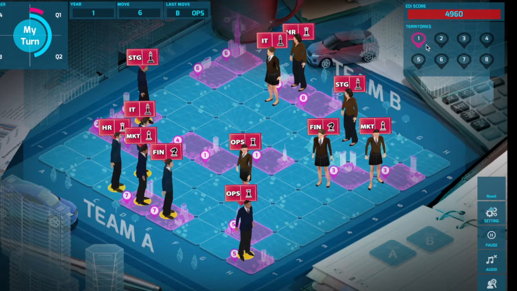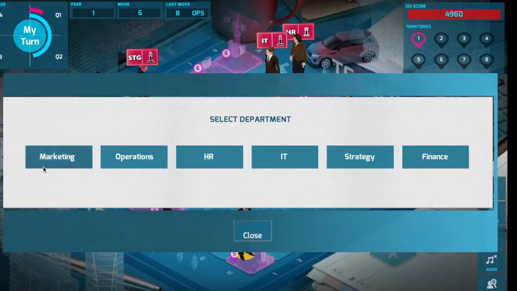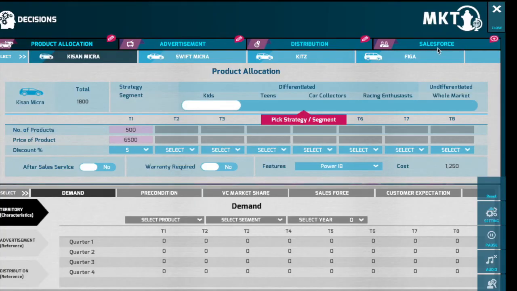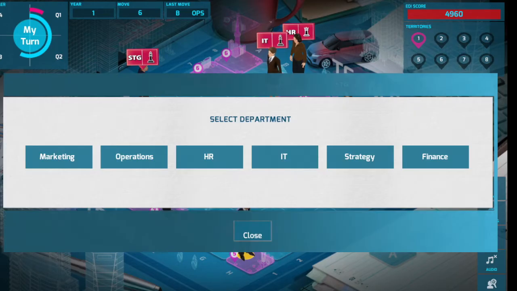Similarly, the marketing department will also need sales force in order to actually sell their products in various territories, which means to say that if the HR person does not recruit on time, the head of operations and the head of marketing would not be in a position to sufficiently meet their goals and objectives. Not only that, the finance team plays a pivotal role in accommodating and allocating various budgets to various departments.